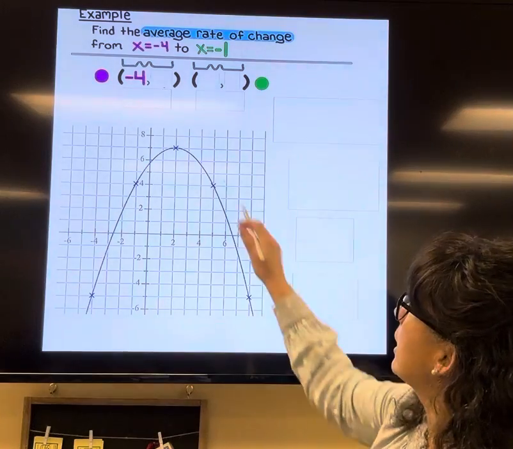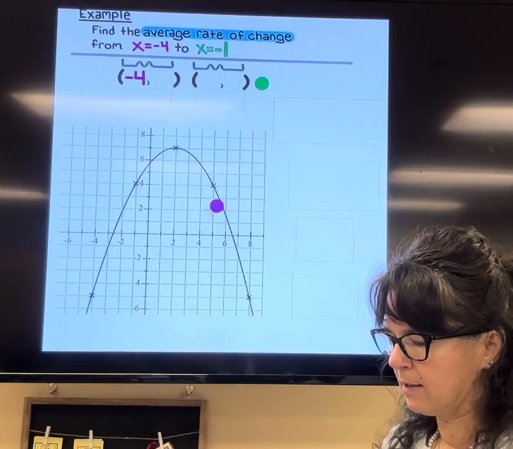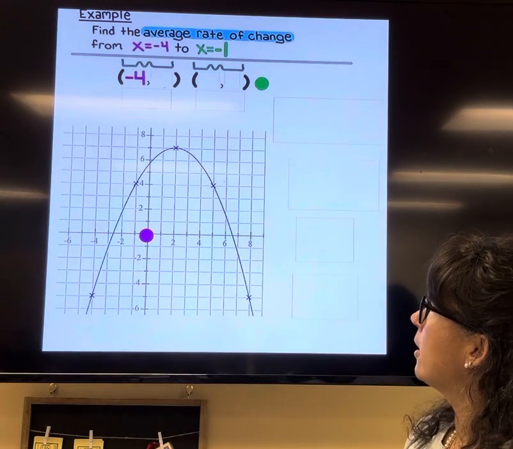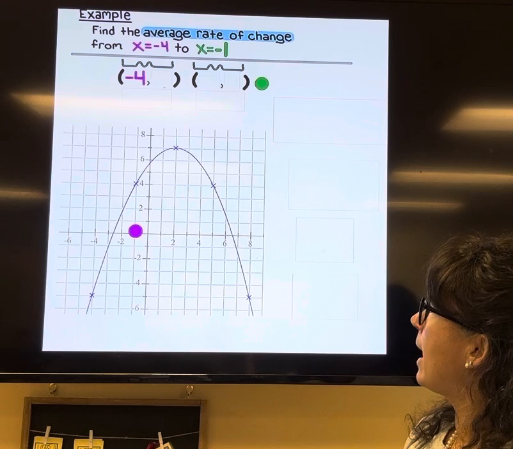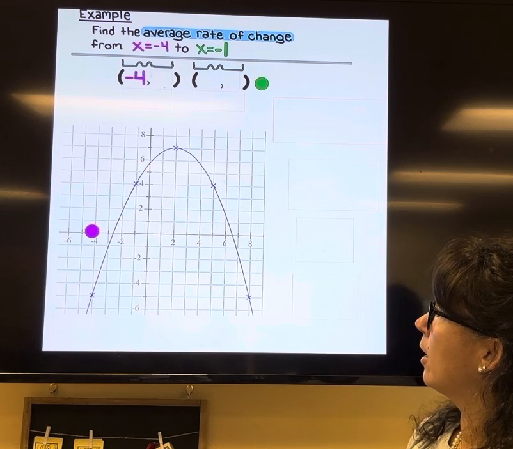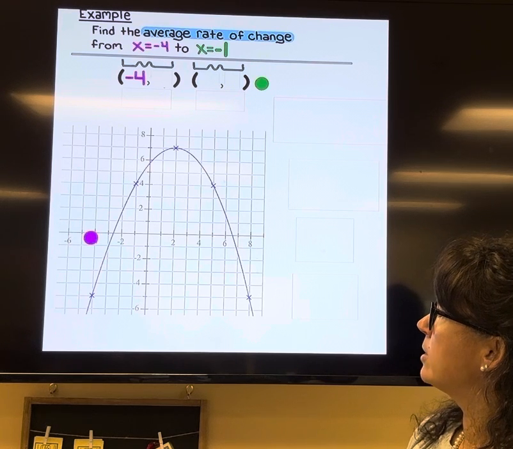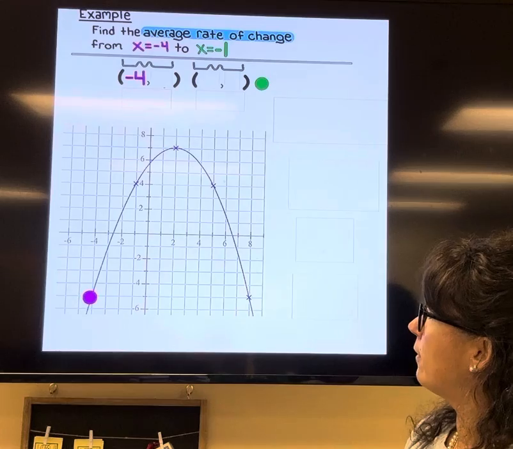So let's go looking on our graph for the point that has an x-coordinate of -4. If I started plotting a point that started with -4, I'd go back 1, 2, 3, 4. To get onto this graph, I wouldn't go up, I'd go down, specifically 1, 2, 3, 4, 5.